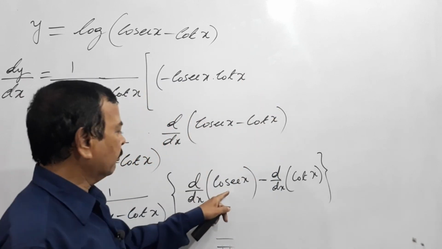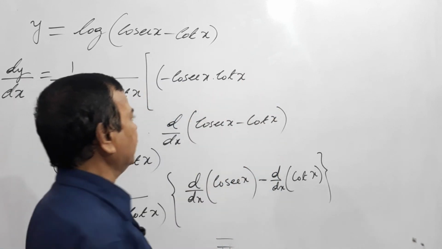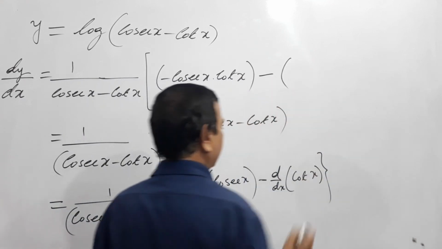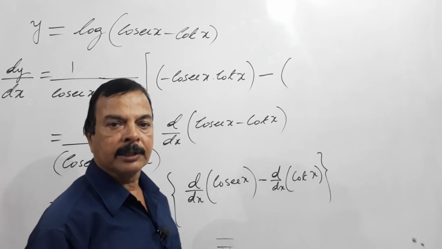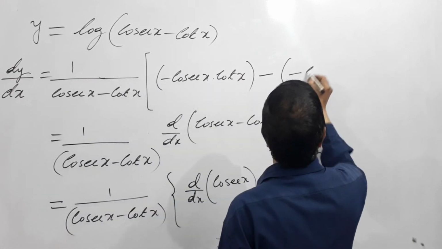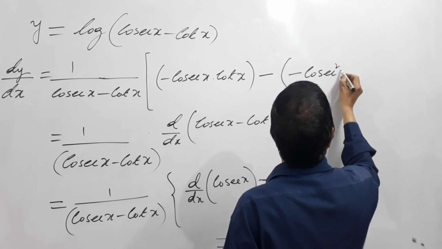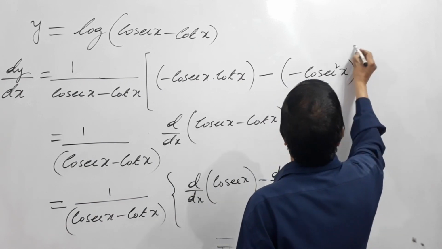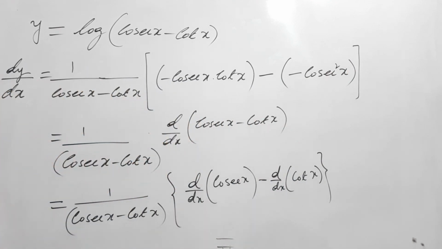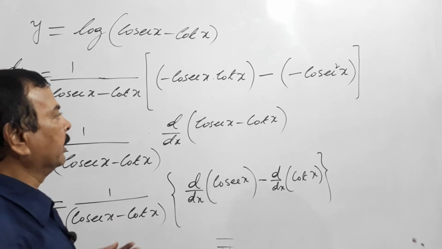So d by dx of cosecant x is minus cosecant x cot x, done, minus d by dx of cot x, which is nothing but minus cosecant square x. See the formulas. So remember these formulas, it is very important. If you don't remember the formula, you can't do anything.